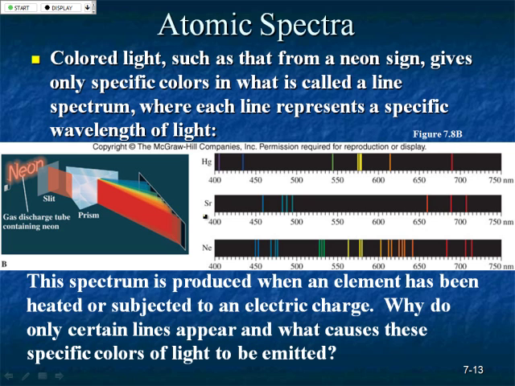Now, as I just told you, when electrons move from the higher energy orbit to the lower energy orbit, it loses energy equal to that difference, and the energy difference can be represented like this: E final minus E initial. So E final is where the electron ends up, and E initial was where the electron was in the beginning. Whatever the difference, that is released as energy, and that energy is actually released as photons.